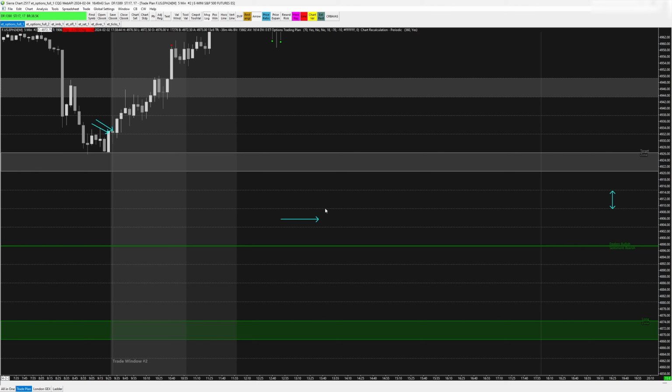Well, this is our closest unit of risk, because this is the first one above. And our stop loss simply goes about 2 points above this unit of risk.